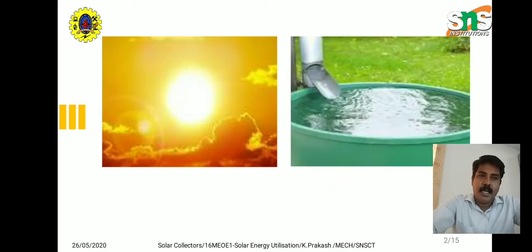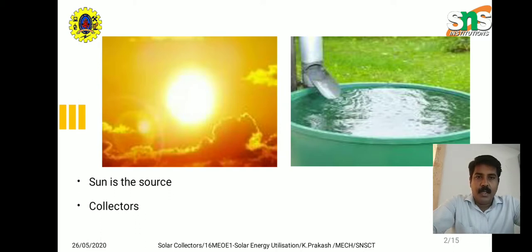Now coming to the second picture, you can see here. Can we think what is happening in the second picture? Any guesses? Okay. Here water is collected. So the process here is collecting of water takes place. So this is from picture 2.